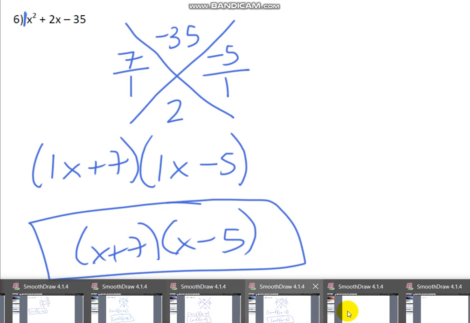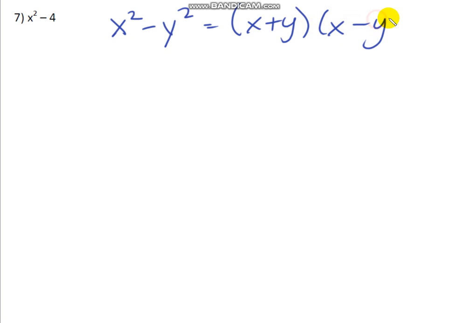Okay. Last couple examples I want to show you is this one. If you were watching those other videos from before, the shortcut to this is the difference of squares formula. The difference of squares formula says if you have x squared minus y squared, this is the same thing as x plus y times x minus y.